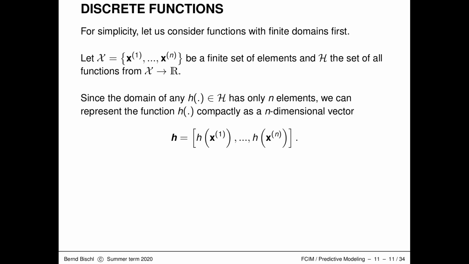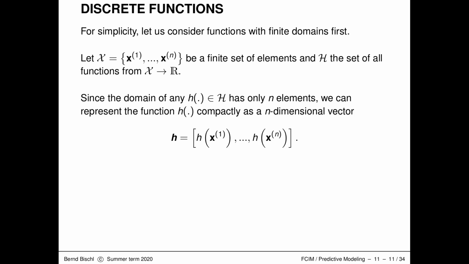You could see these finite points as measurement points, where I'm allowed to measure and see my function, and I'm not allowed to see it at any of the other points. Since such a finite domain has only n elements, I can represent my function h compactly as an n-dimensional vector.